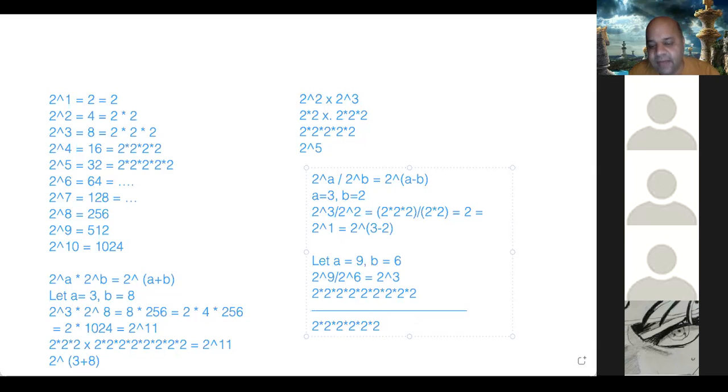That 6 times will cancel out, because it is exactly the same number on the numerator and denominator. So only the numerator will be left with 3 times, which is nothing but 9 minus 6 is equal to 3.